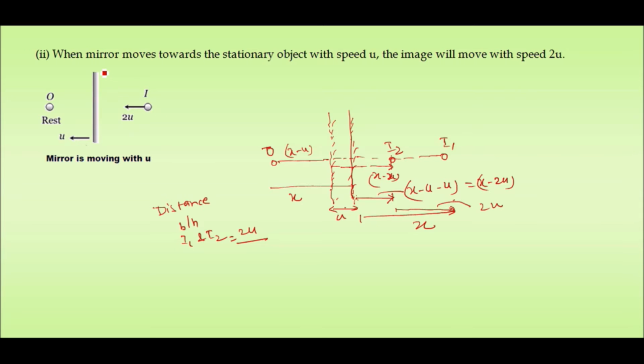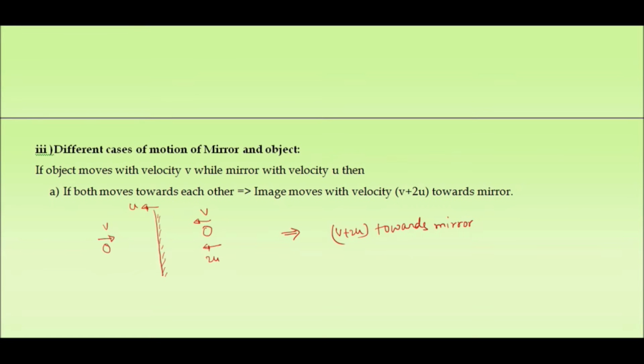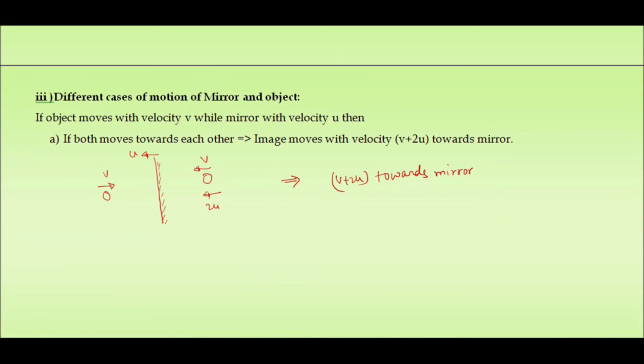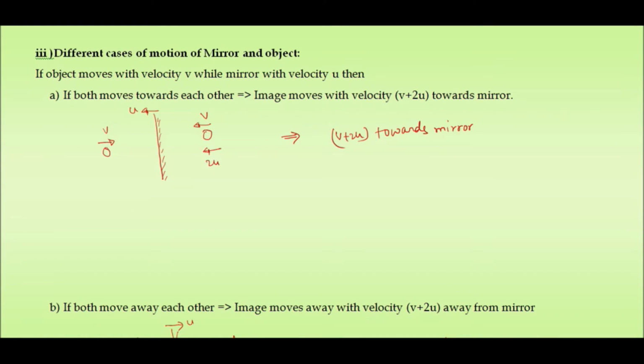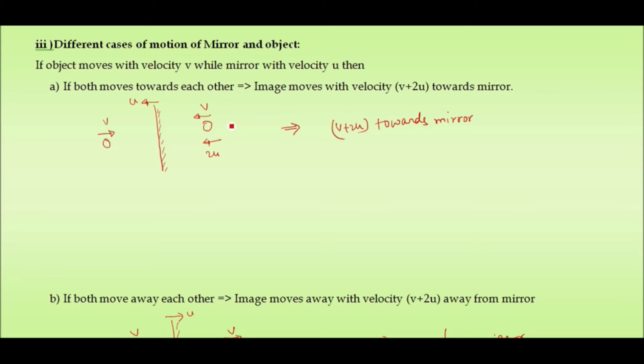So it's written here, when the mirror moves towards the stationary object with speed u, then the image will move with speed equal to 2u. Now if you combine these two cases, the movement of mirror and object, suppose the object moves with velocity v while the mirror moves with velocity u. If both move towards each other, how do we solve it?